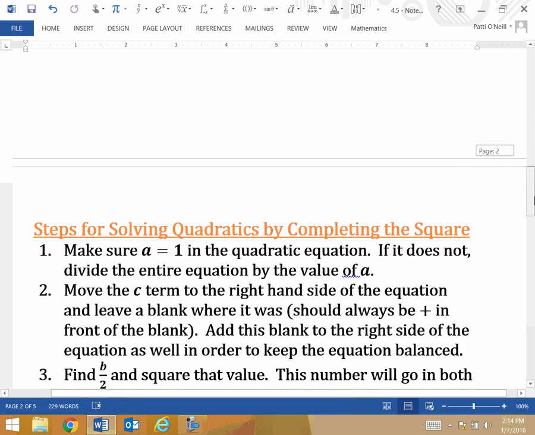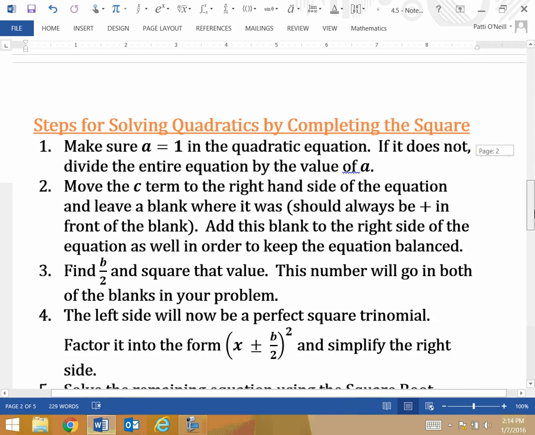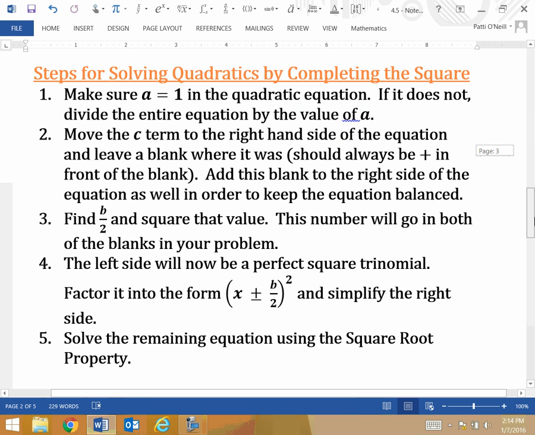Now this next slide is going to be a list of steps. It's important that you get these steps into your notebook, because it's going to be the step-by-step process for what you need to follow when you solve these quadratics by completing the square. The first thing that you need to do is assess whether your a value, that leading coefficient, is equal to 1.